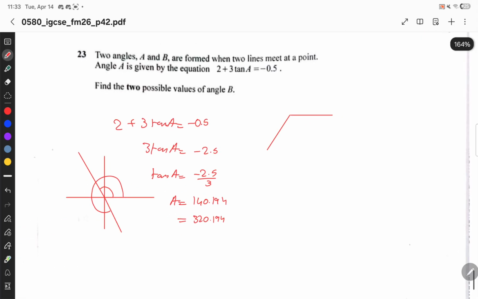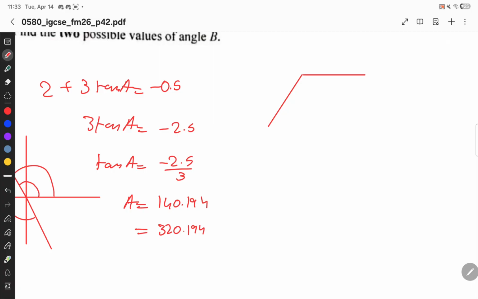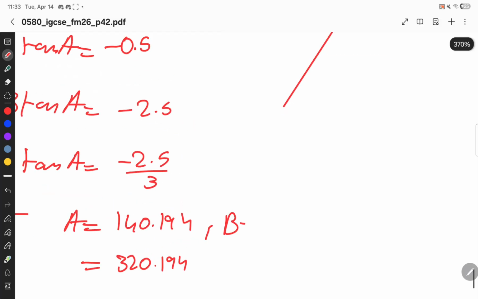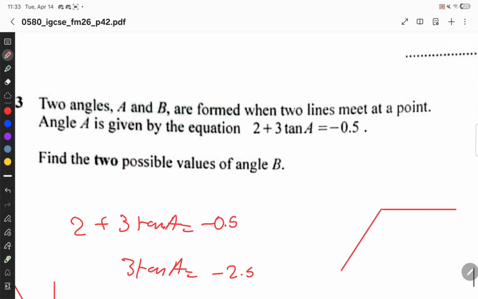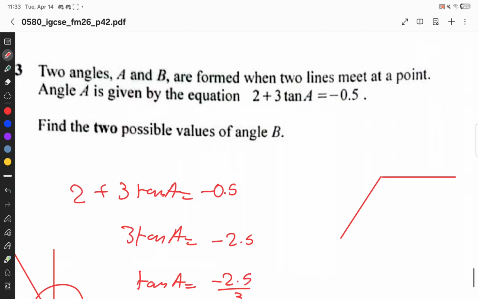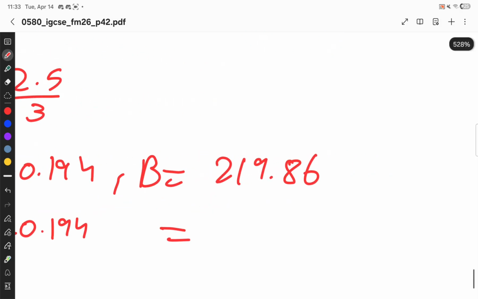So for this, B will be 360 minus 140.194, and B is also this other value, 320.194.